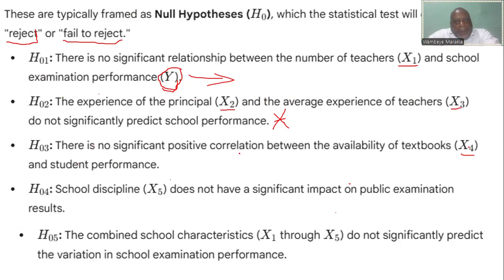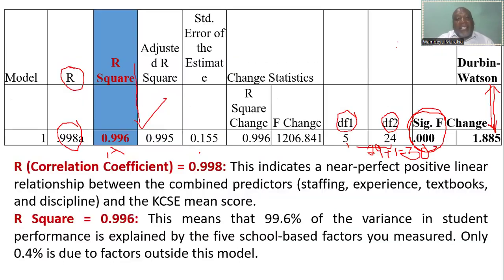Then the books, we are also going to accept this, that there is no significant positive correlation between availability of books and student performance. But you know, in reality, because of the multicollinearity, it has given us these results. So you must go back to the results and check for that multicollinearity. If it still tells you, then you have to go in the field as a researcher and see what is bringing these results in this form.